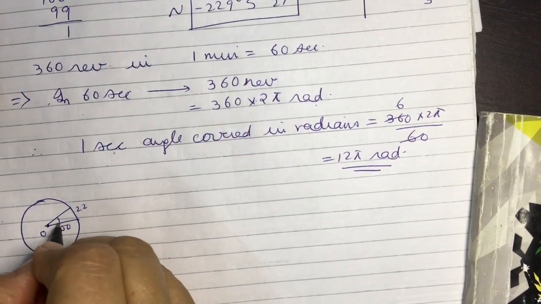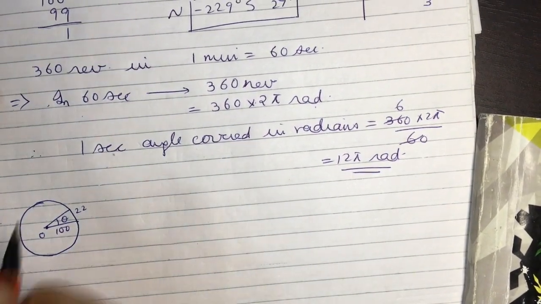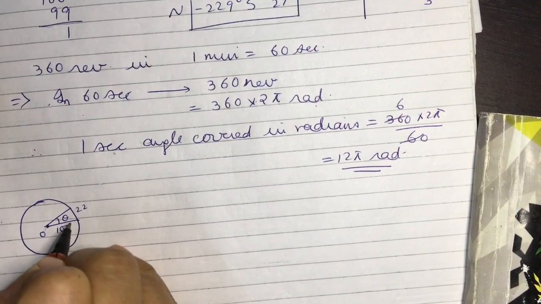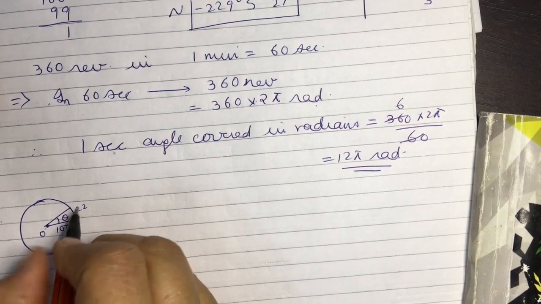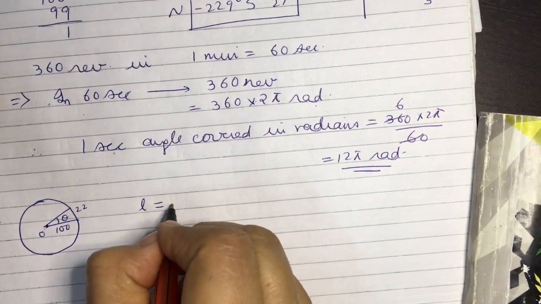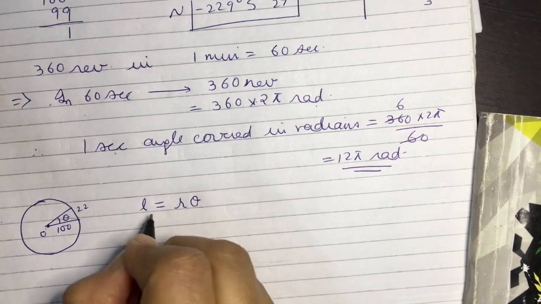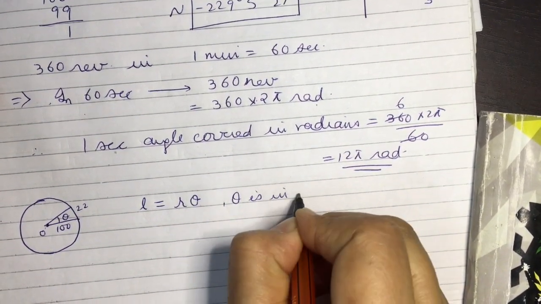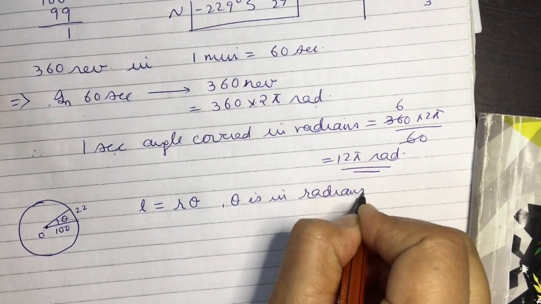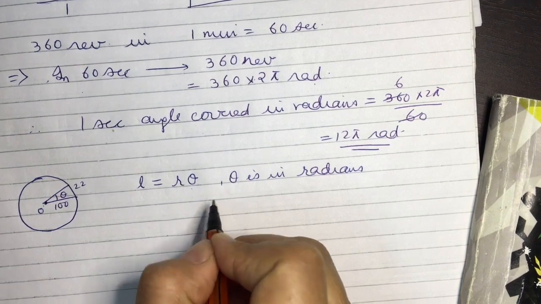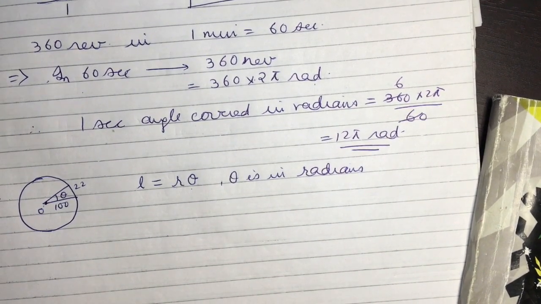So this angle theta is to be found out, but in degree measure. As we already know, the relation between the arc length L, the angle and the radius is L equal to r theta, where theta is in radians.